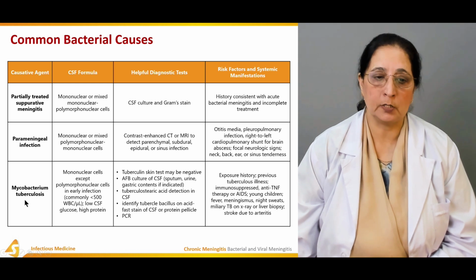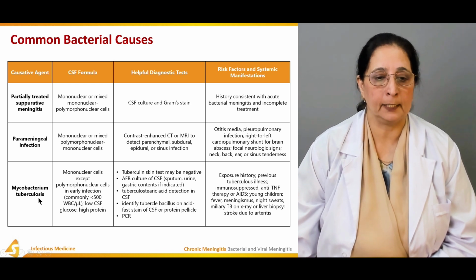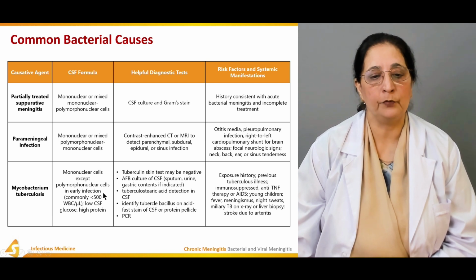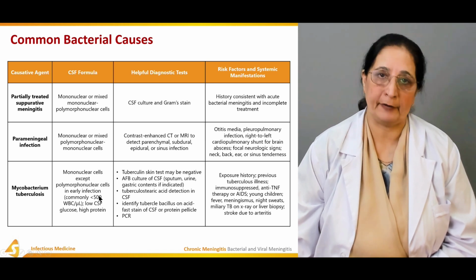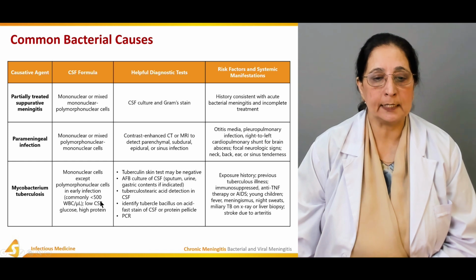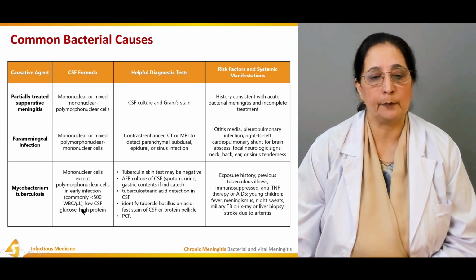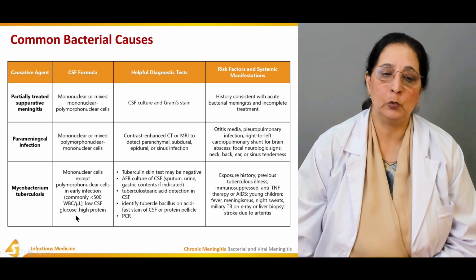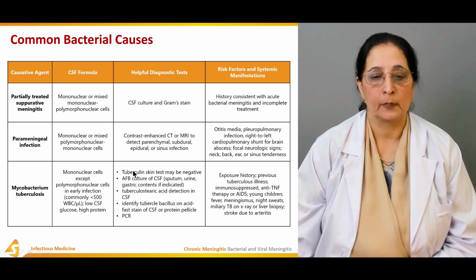Mycobacterium tuberculosis is another bacterium, with mononuclear cells except polymorphonuclear cells in early infection. Commonly fewer than 500 white blood cells per microliter, low cerebrospinal fluid glucose, and high protein.